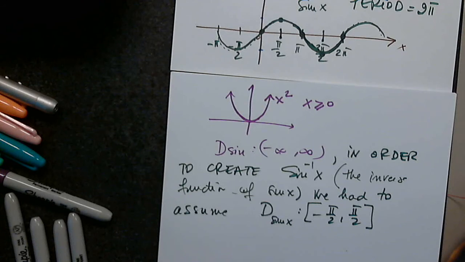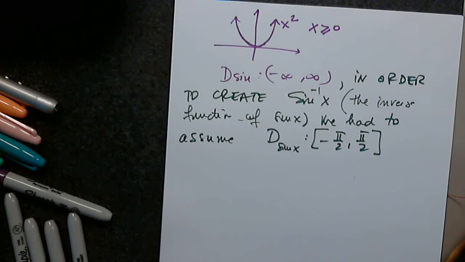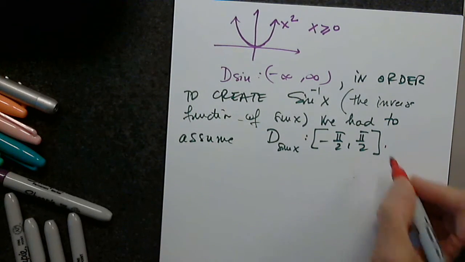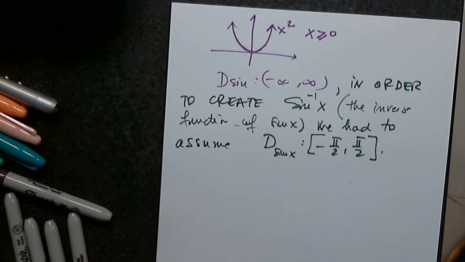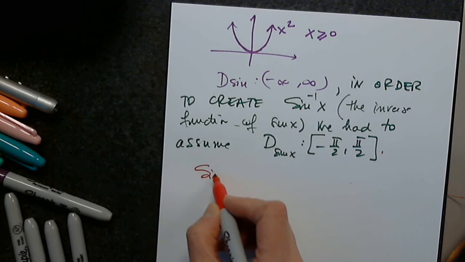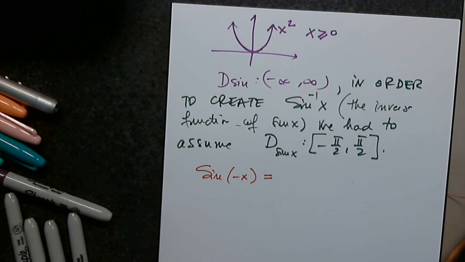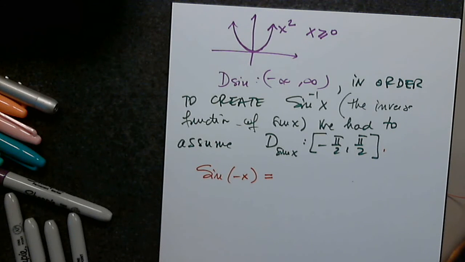Although we know that we can find sine for any x value. Looking at the graph, we establish also that sine of negative x equals, there are only two options.